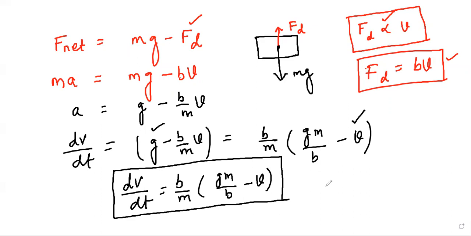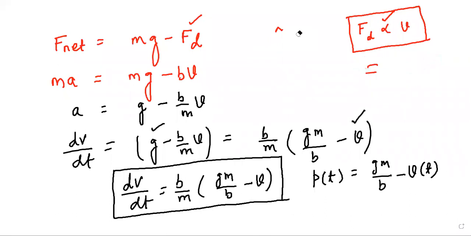To solve this, let us consider an auxiliary function p, as a function of time, which is gm by b minus v. This v is of course a function of time. Then if we take the derivative, dp by dt, let me just do it here.